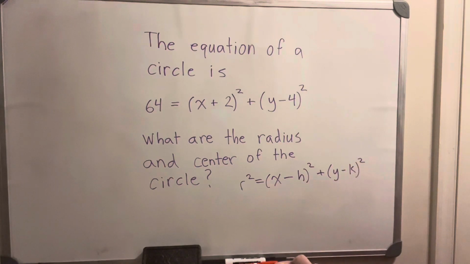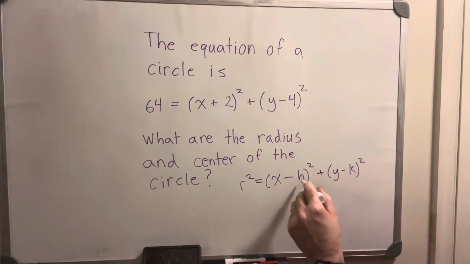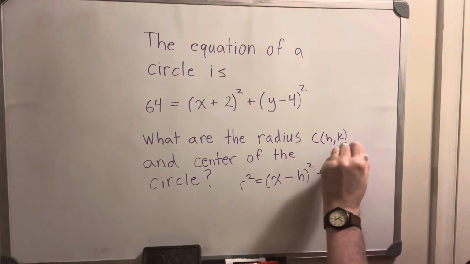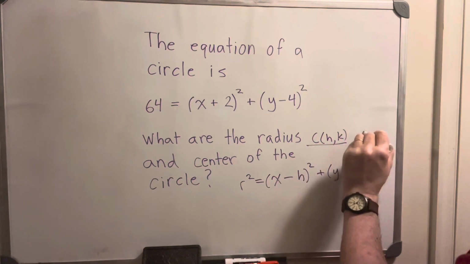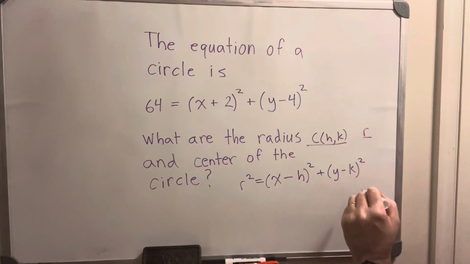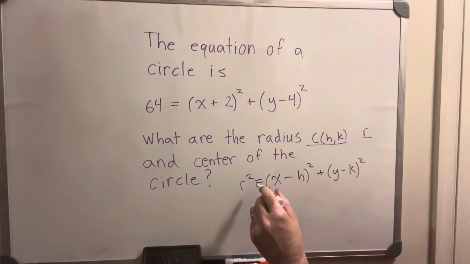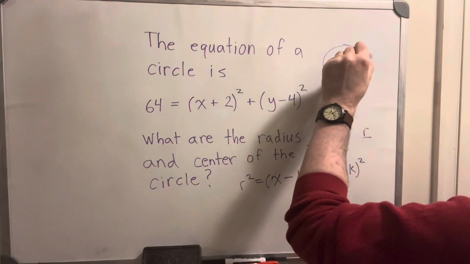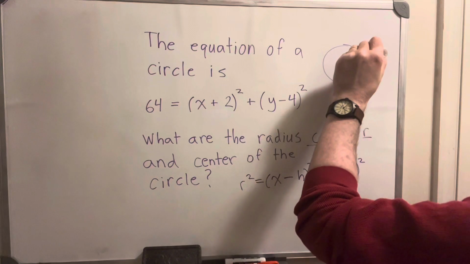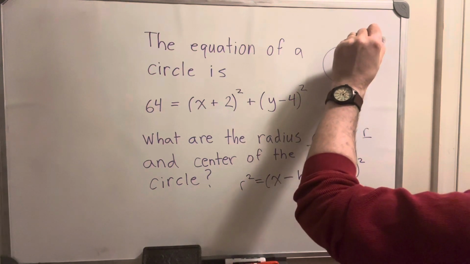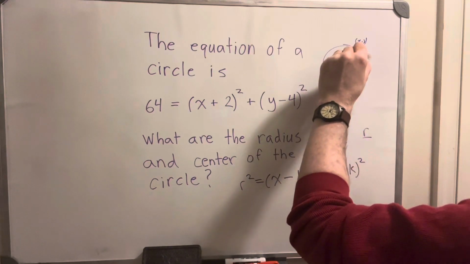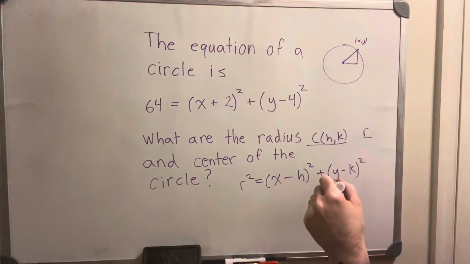For a circle centered at h, k with radius r, the formula is, and you can always derive this if you want to see why it works, by picking a center point, picking an arbitrary point, and converting it to a right triangle problem.